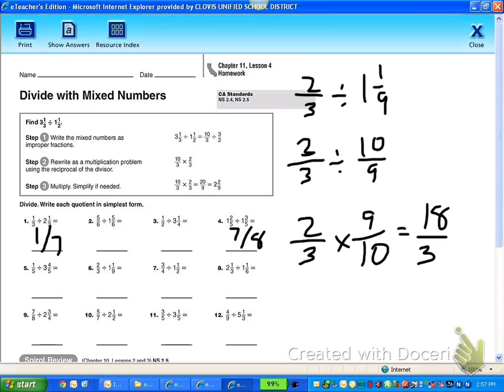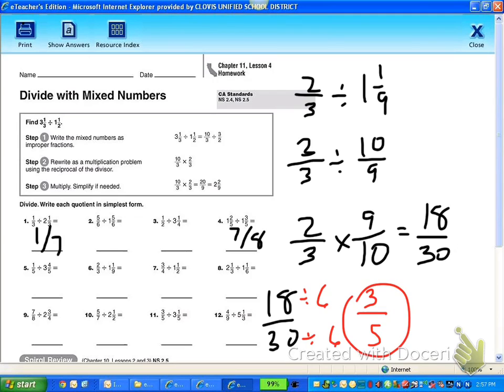We get 18 over 30. And 18 over 30 can be reduced. 18 divided by 6 is 3, and 30 divided by 6 is 5. So your answer for number 6 is 3/5.